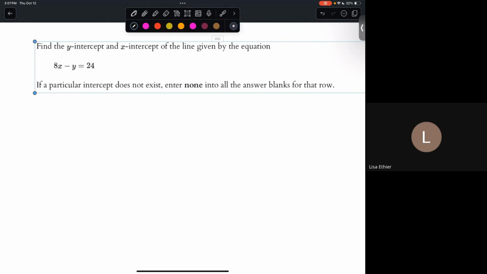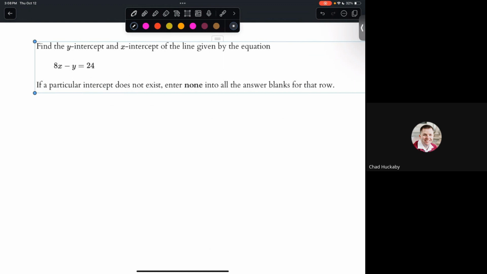Yes. Okay, so that's the exact question you had, right? Correct. Okay, so the very first thing I would want to do, if I'm trying to find the x and y intercepts, so if you're looking for the y-intercept, then the x value is 0 and the y value is negative 24, right? That's what you ended up getting. And then for the x-intercept, you plug in 0 for y and you got 3.